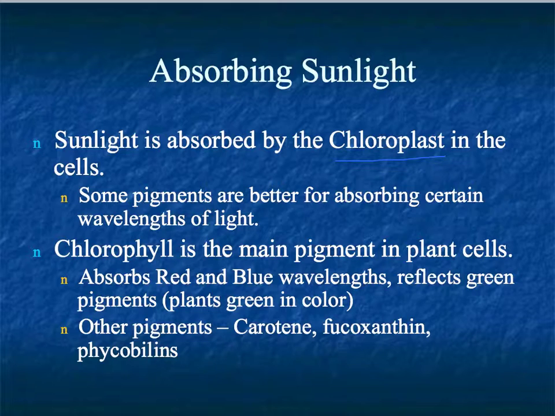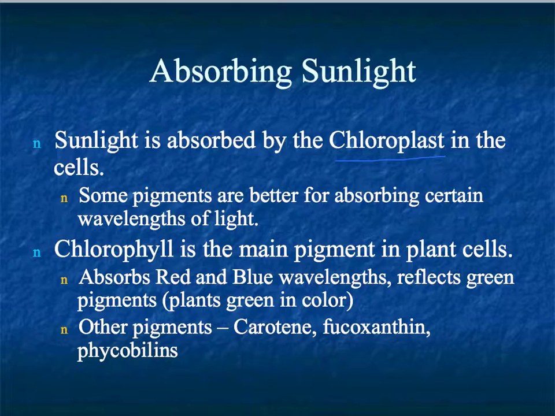And because they're absorbing light, light is a wavelength, it also has energy, and by absorbing a specific wavelength that we talked about before, it's also absorbing energy and provides the cells with energy that they're going to need to complete photosynthesis. There are some pigments that are better for absorbing certain wavelengths of light than others, and it really depends on each individual pigment.